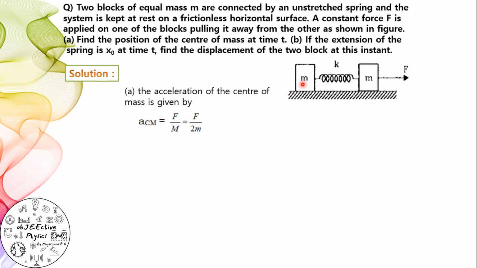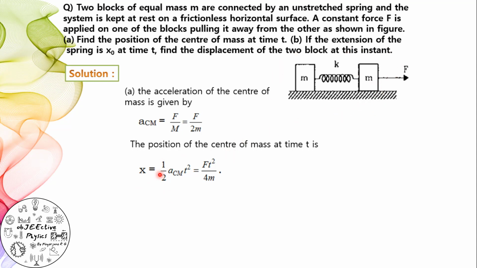The system is nothing but two masses as well as the spring. Capital F by capital M, that is equal to applied force capital F, total mass is 2m. The position of the center of mass at time t is, from s is equal to ut plus half at square, we can write it as x is equal to initial velocity of the system is 0.